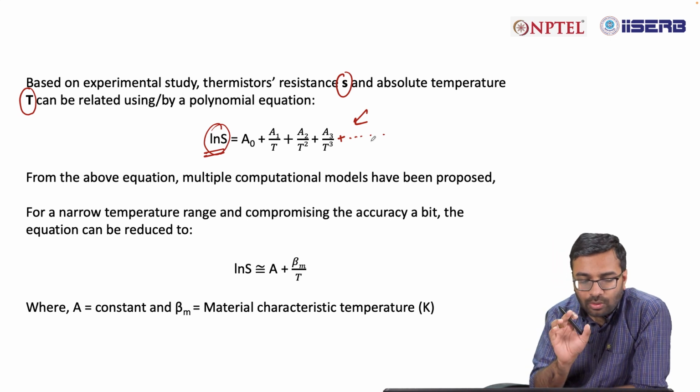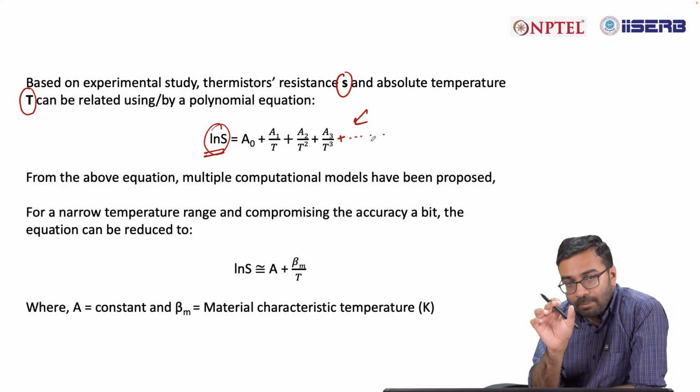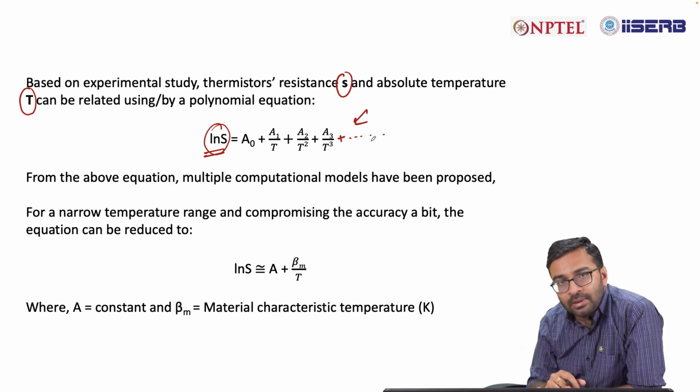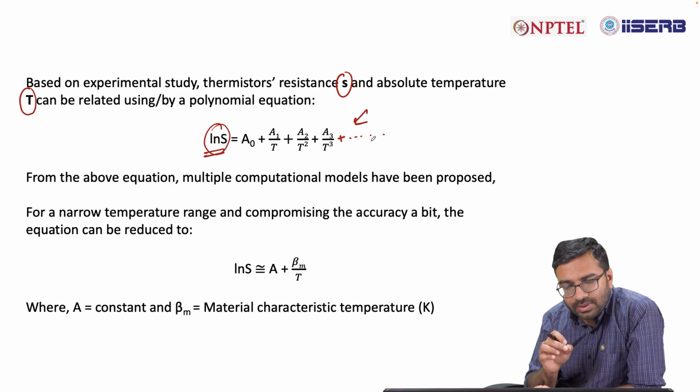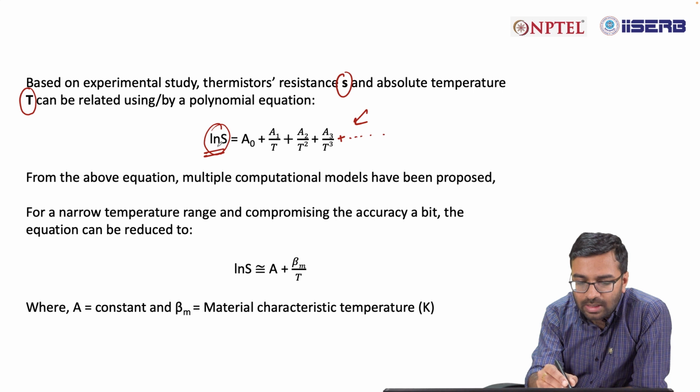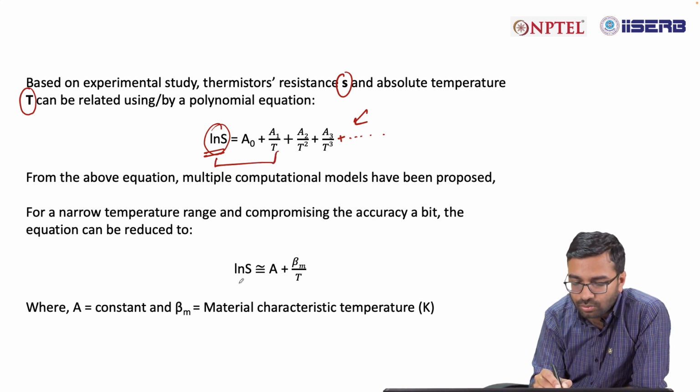And for a narrow temperature range, if your temperature range is not very high, and if you can compromise the accuracy to some extent, then the equation can be reduced to ln S is equal to a0 plus a1 by T. So, you just take the first two terms.